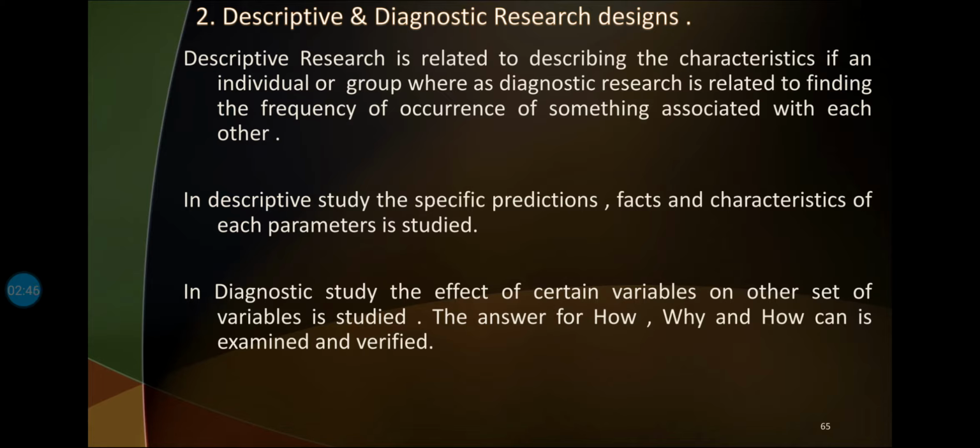So whenever you want to conduct the study of the relationship between variables, how one variable is creating impact on another, how the environment or the family income is creating impact on the study of school students, such type of study in which we try to establish the relationship between variables is called a diagnostic study.